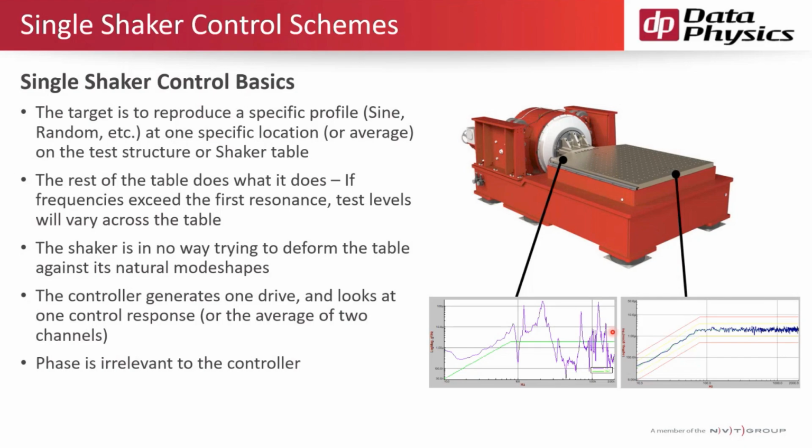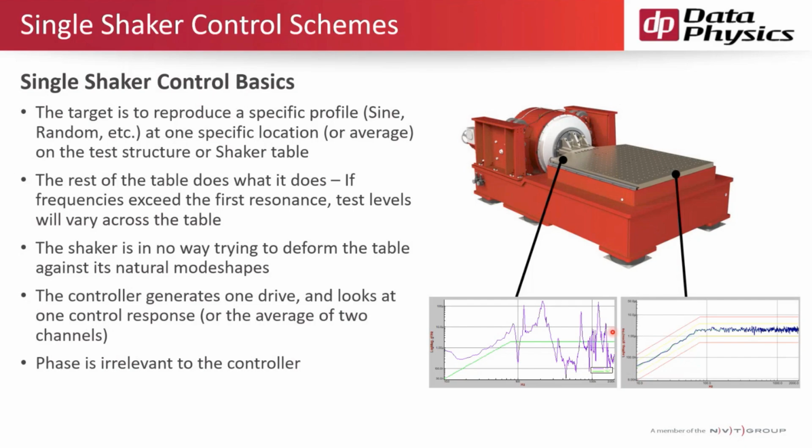And in a single shaker control scheme, or when you're driving a single shaker, the rest of the table sort of does what it does, particularly if you're exciting frequencies above the first resonance of your armature or of your table or of your test article.